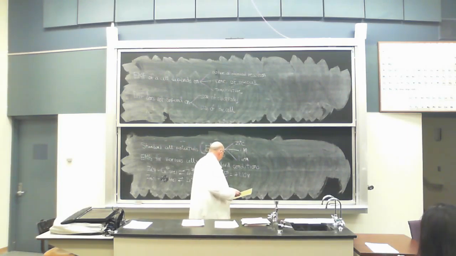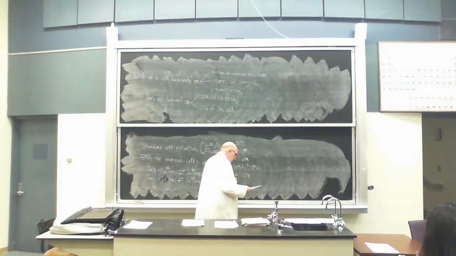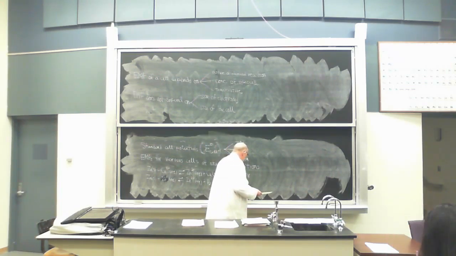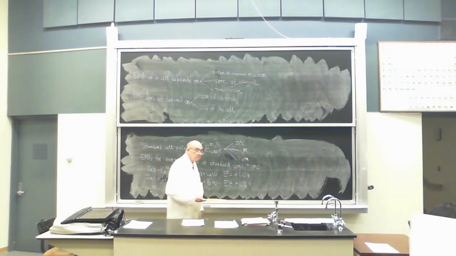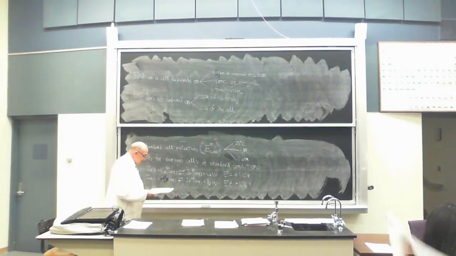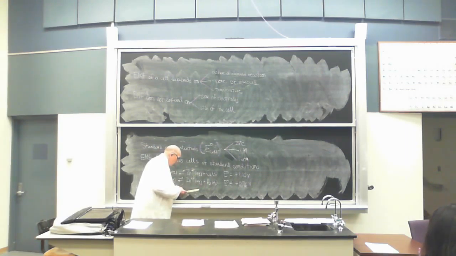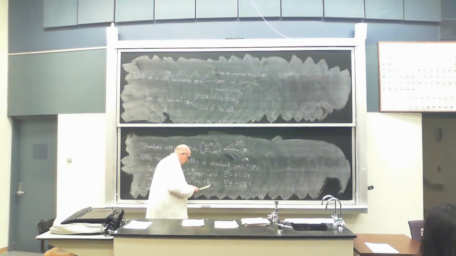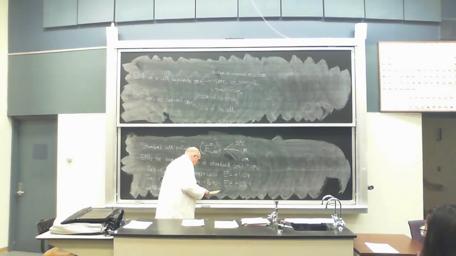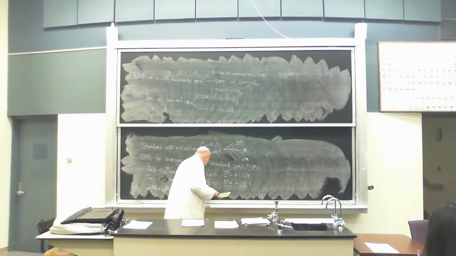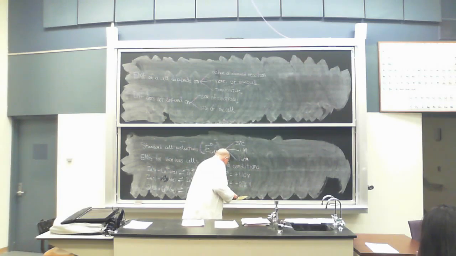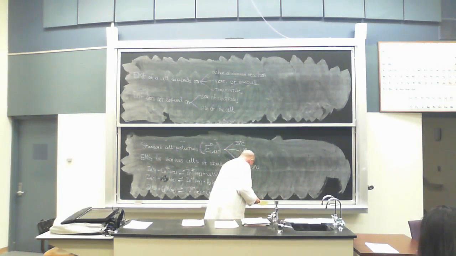And the E0 value here is equal to plus 0.76 volts. And a third one, cadmium plus copper ion, gives cadmium ion plus solid copper. E0 is equal to plus 0.74 volts.